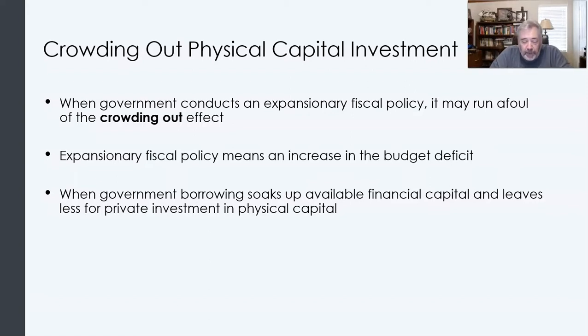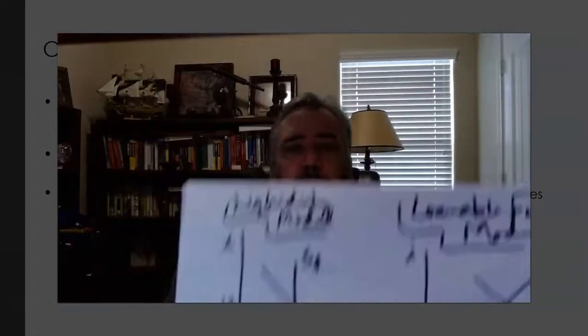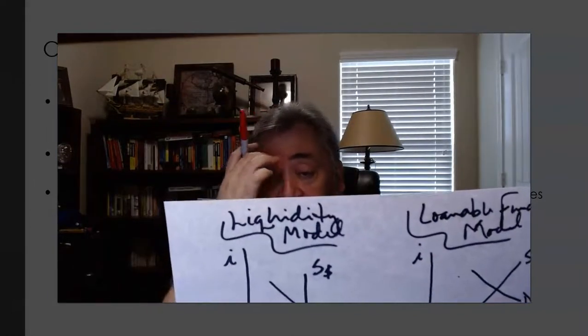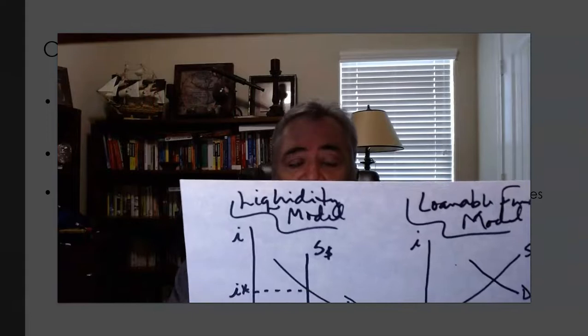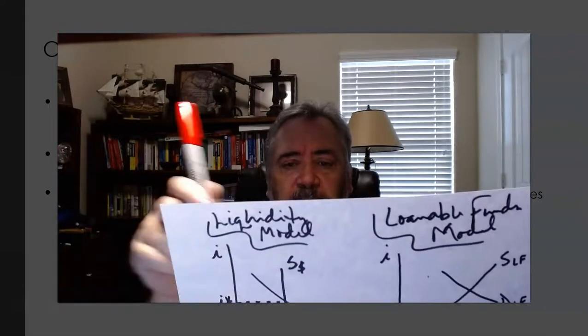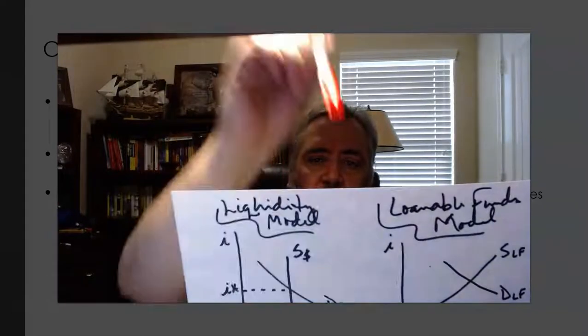So there are two, generally speaking, when we talk about interest rates, there are two models that we use for this. One's called the liquidity model. For reasons outside the scope of this class, you'll learn this in an intermediate macro class, but suffice to say, just trust me when I tell you that the money supply curve in the money market is vertical.